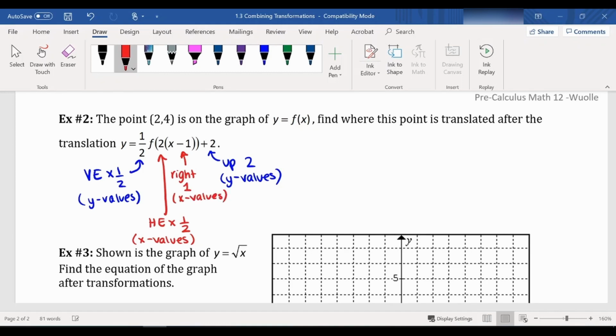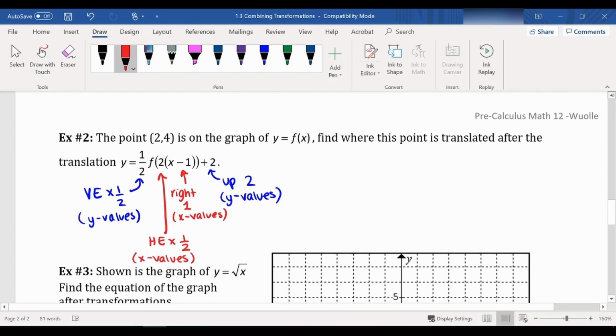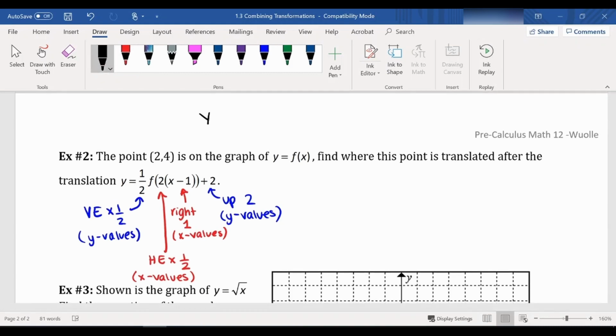Now, just be very careful as you're looking at the functions in this format. If I have something like y equals 2 f of 3x minus 6 plus 1, this is not moving right by 6. Notice the difference between this and this. There are two sets of brackets in the question that we've been given, and in the one I just wrote out, there is only one set of brackets.